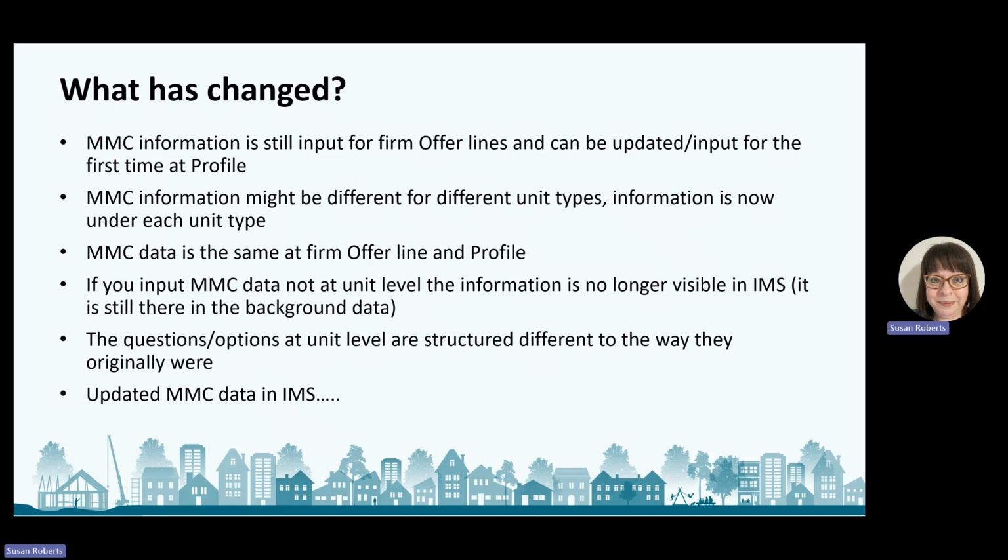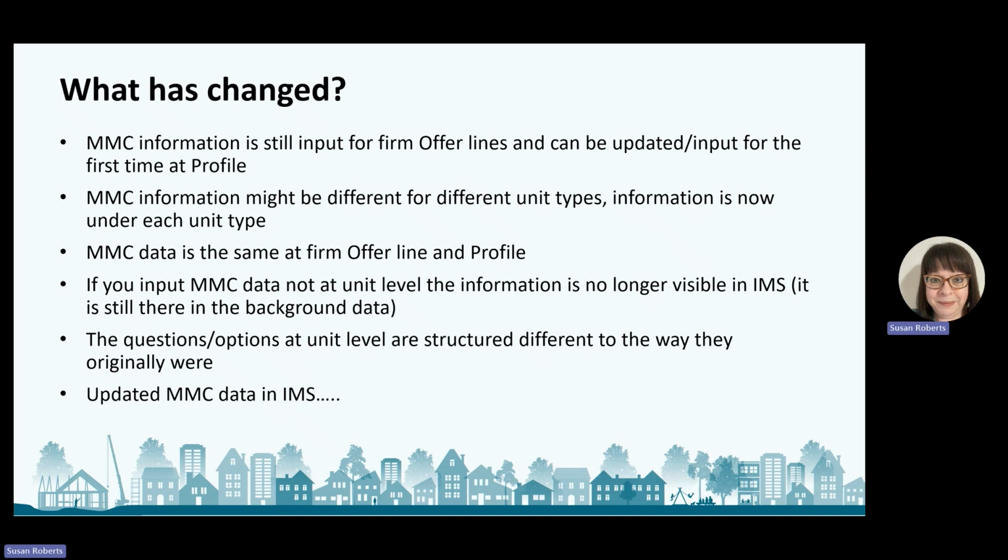So the information that was originally at offer line or profile level has now moved so that it's under each individual unit type, and I'll show you where it is in IMS shortly. The data is in the same format at both offer line and profile stages. No additional bits that have to be input.